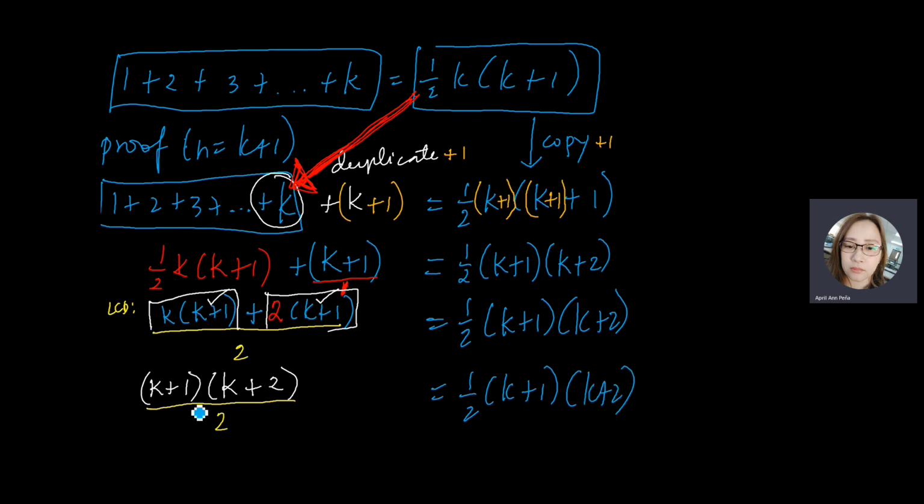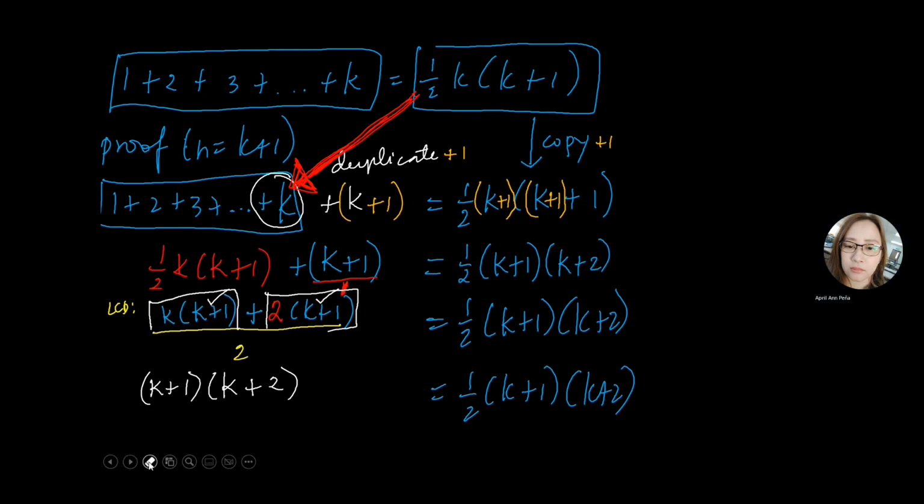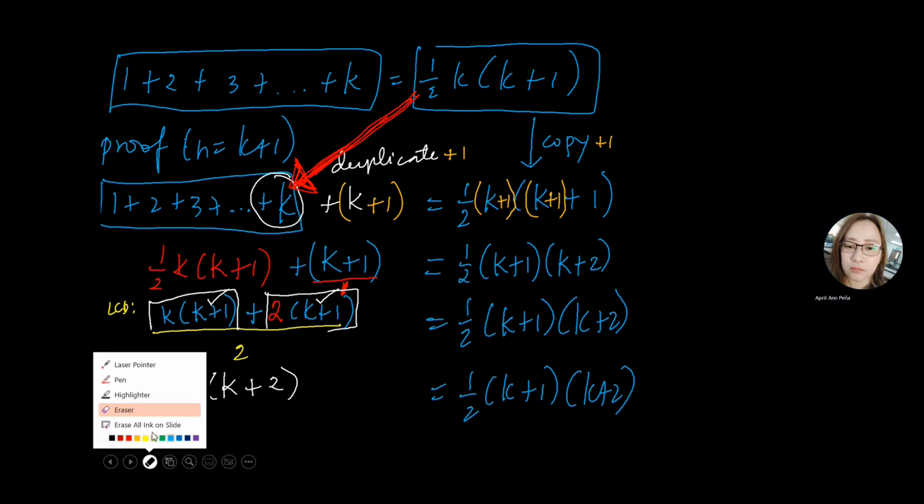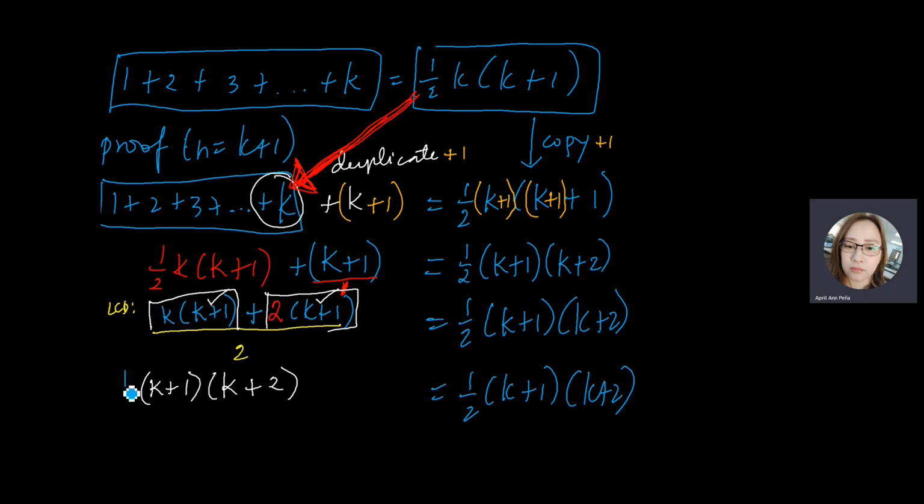To make it the same, remember this portion can also be written this way. If you want, you can directly put the over 2 as the denominator of your coefficient 1/2. Then it will make your proof show that the left side is equivalent to the right side.